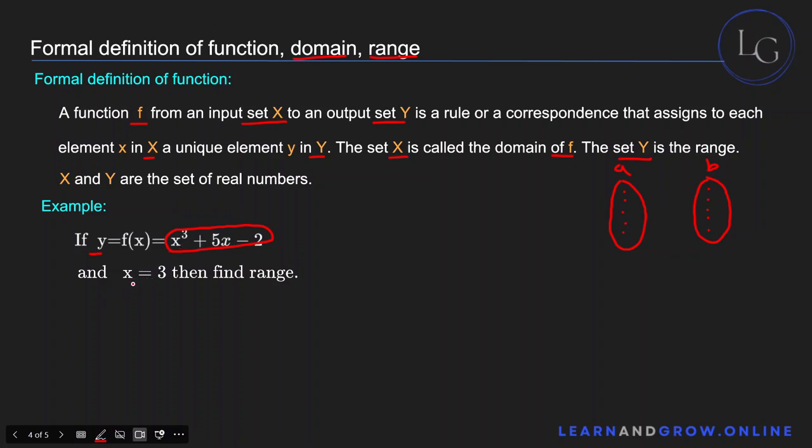And when you put x equal to 3, you have to find the range. That's the question. So this is how you do it. When you plug in x equal to 3, you get 3 cubed plus 5 into 3 minus 2, and that gives you 40, right?